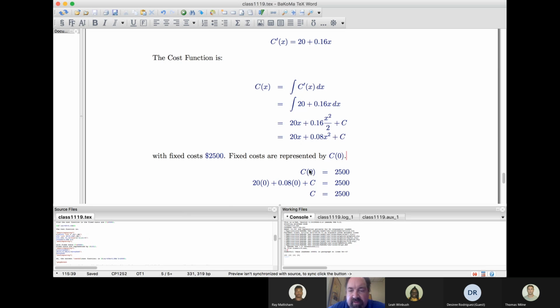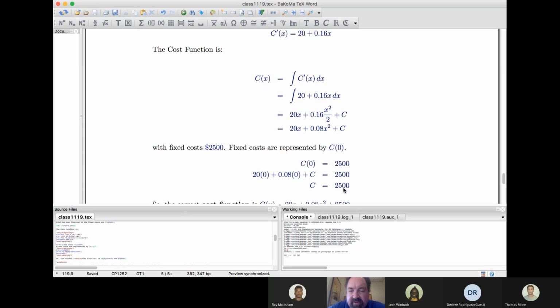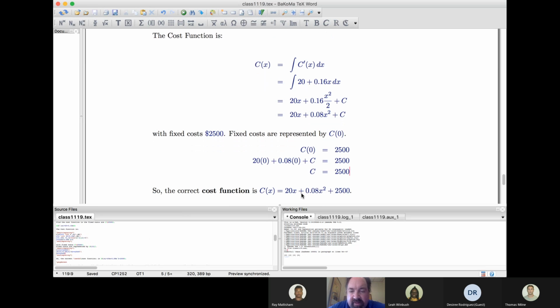So we set x equals 0 in here, and this is what we get. The other terms go away, so we're just left with C. Now, C of 0 is set equal to 2,500 for the purpose of solving for C, and we find that C is just 2,500. So this is a cost function fully specified.